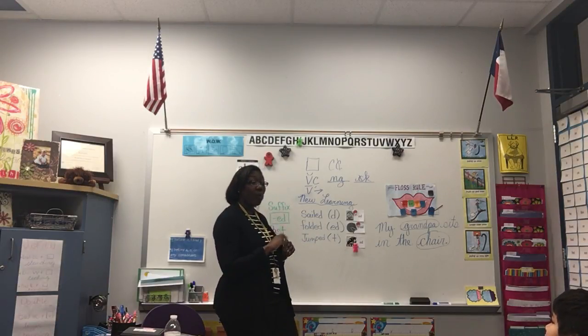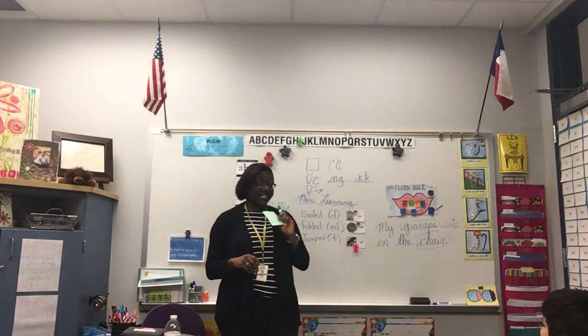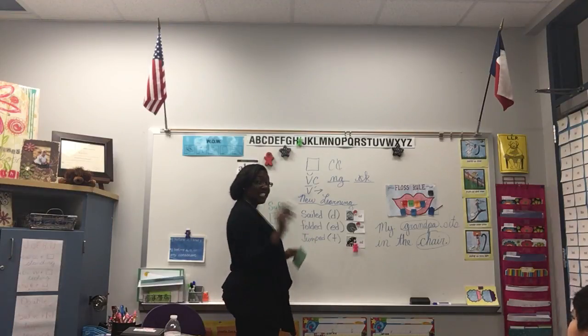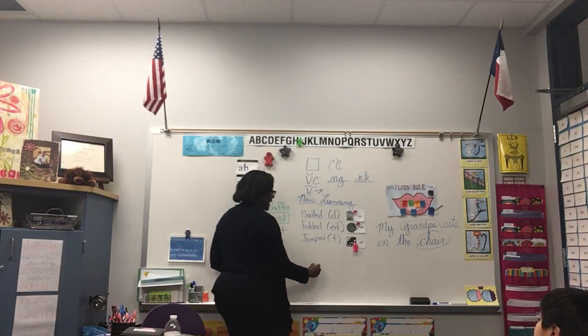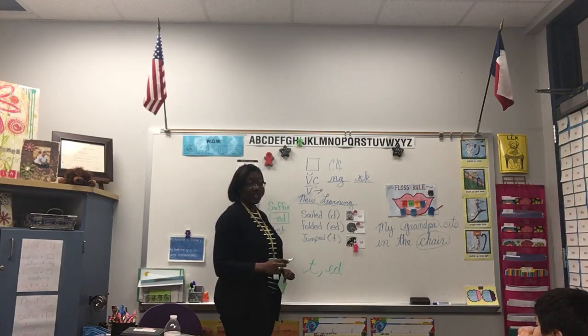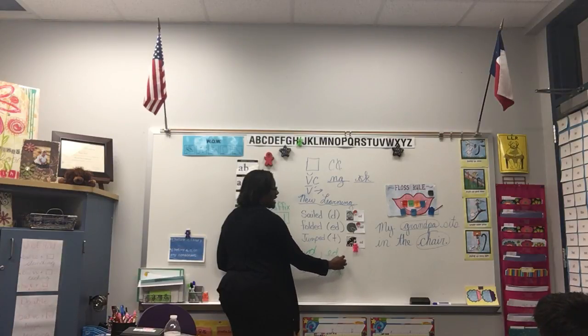So now when I do spelling and I say t, because today we learned jumped, you're going to write T, comma, suffix ed. When I do d, you're going to write D, comma, suffix ed.